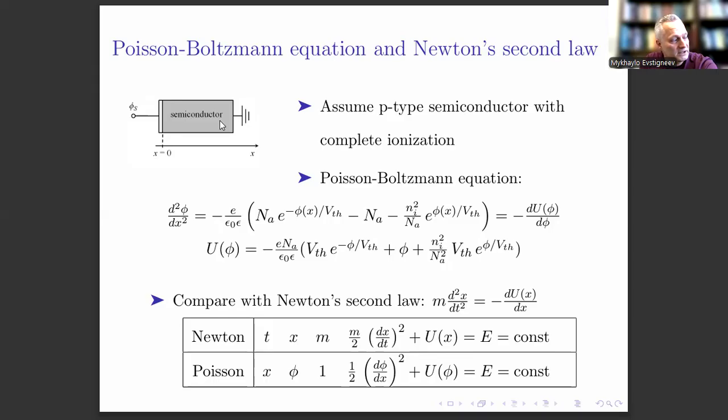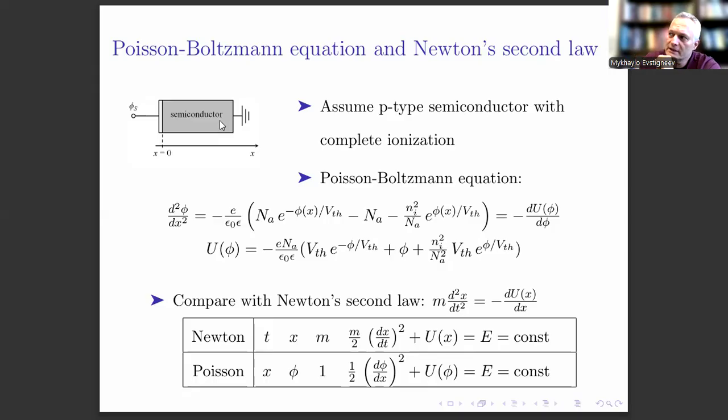Poisson's equation tells us that the second derivative of the potential is negative volume charge density divided by the electric constant. So d2 phi by dx squared is negative rho of x over epsilon naught epsilon, where epsilon naught is the vacuum permittivity, 8.854 times 10 to the negative 14th farad per centimeter, or 10 to the negative 12 farad per meter.